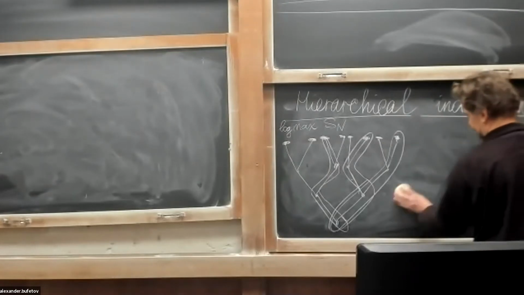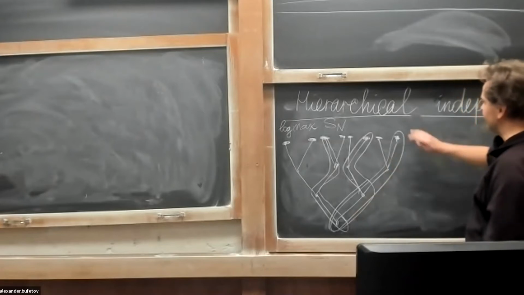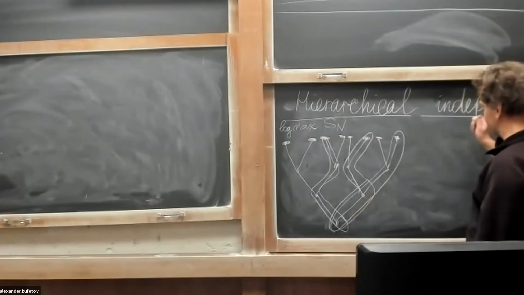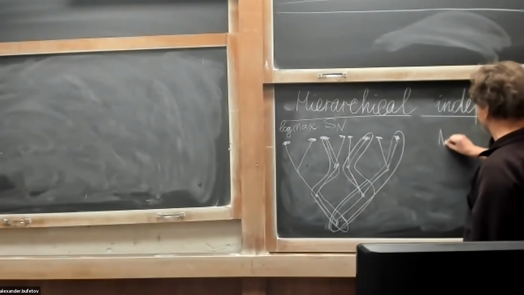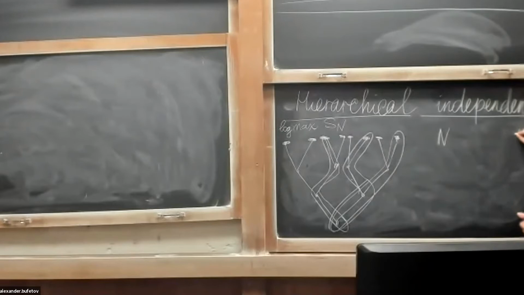In fact, let us be extremely naive. I have a sum of n Gaussian random variables, so the variance is n. The number of the sums is 2 to the power n.